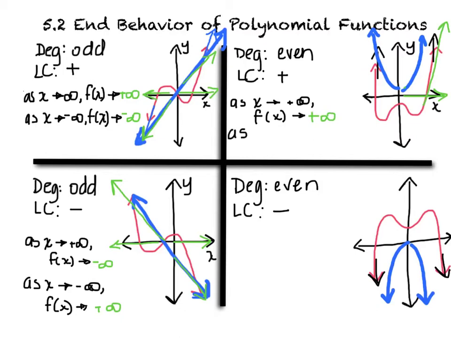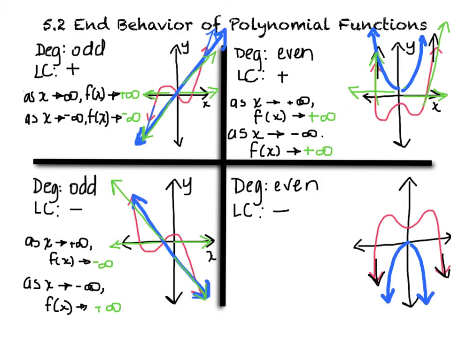Now as x gets smaller, so as x approaches negative infinity, the function of x approaches what? As my x is getting smaller, my function is still going up, so it's approaching positive infinity.